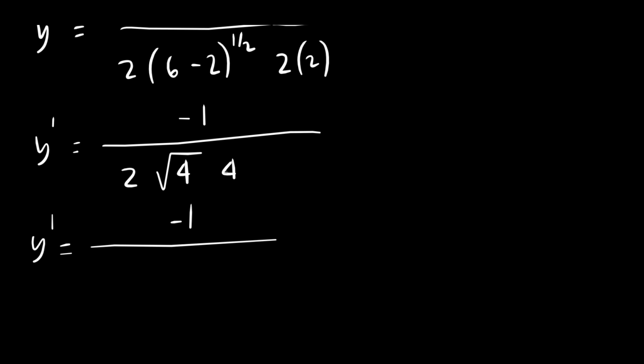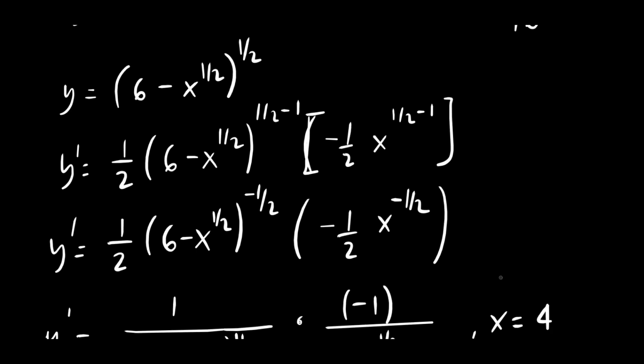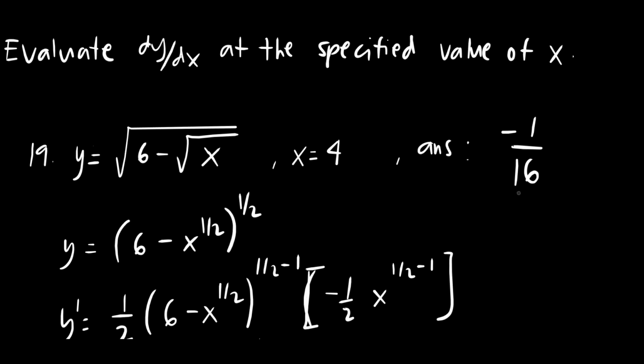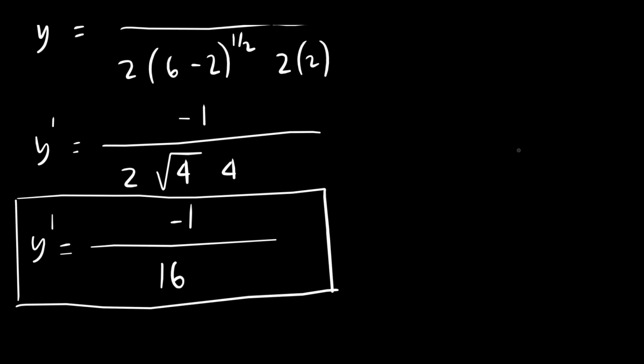So 4. So 4 times 4 is just 16, right? So this is now our final answer. So let's check if our answer is correct. So negative 1 all over 16. So our answer here is correct. So let's proceed to number 21.